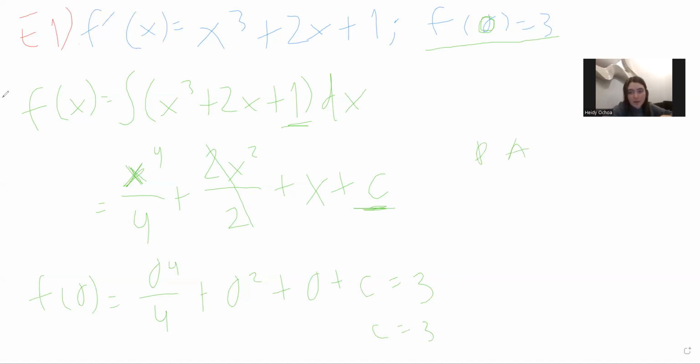We have that f of x equals x^4 divided by 4 plus x^2 plus x plus, and in this particular antiderivative, instead of writing the c, we write what we got for c. So plus 3. This will be our particular antiderivative solution.